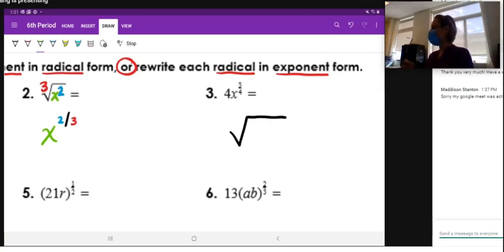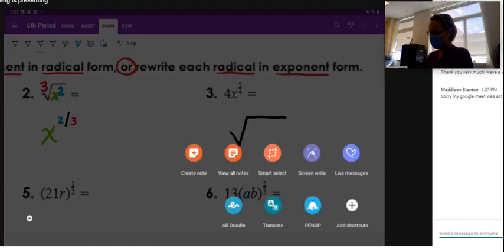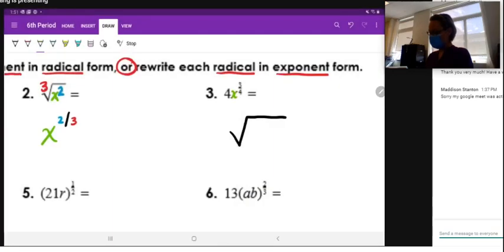The base is the thing that the exponent is directly touching, which is just x. So the x is what goes inside the radical. Now its exponent will come from the fraction, the 3/4. Its exponent is 3 and its index is 4. And that comes from this 3 over 4 in the fraction.